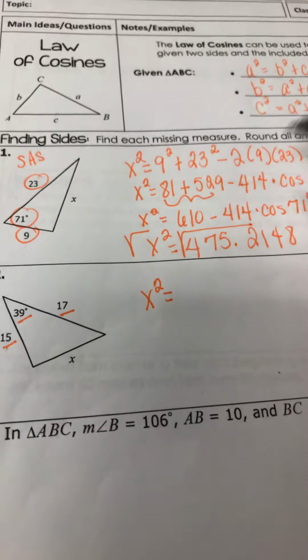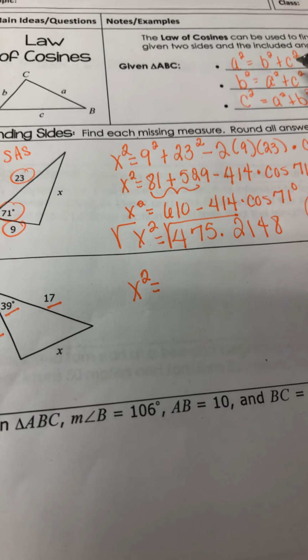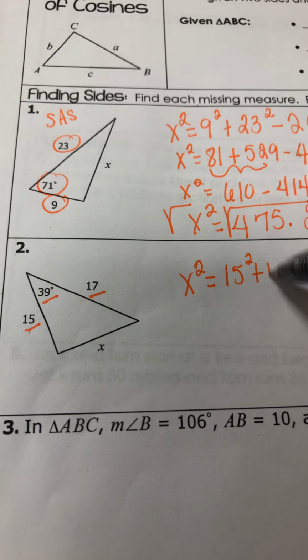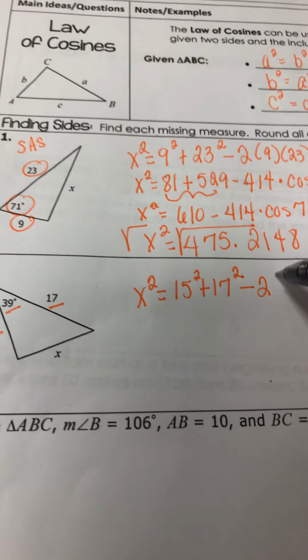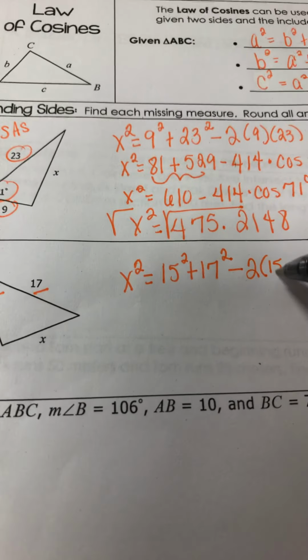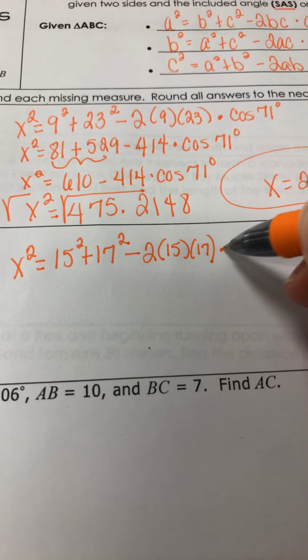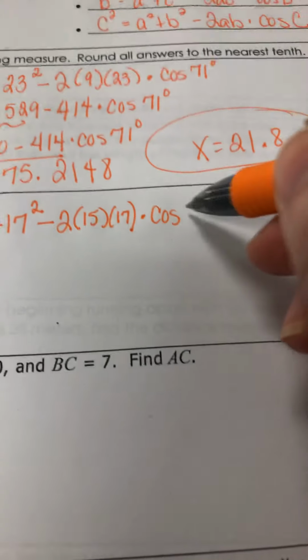I need to square my side and add it to the square of the other side. So 15 squared plus 17 squared minus 2 times those same two sides, 15 times 17, multiplied by the cosine of my angle in the middle, which is 39 degrees.